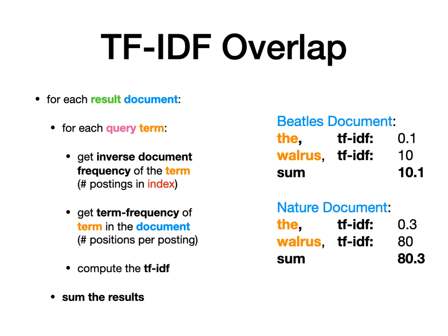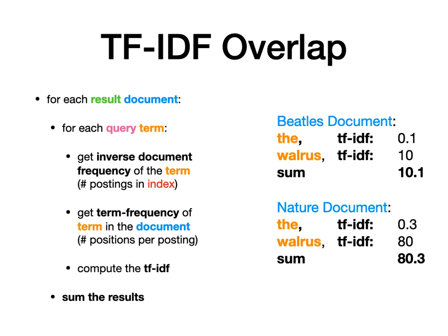So the TF-IDF of "the" for our query, the walrus, is 0.1. But walrus is still an infrequent word, so its IDF is going to be high, but it only shows up a few times. So let's assume it ends up with a score of about 10. So the TF-IDF overlap of the Beatles document with the query, the walrus, is 10.1.